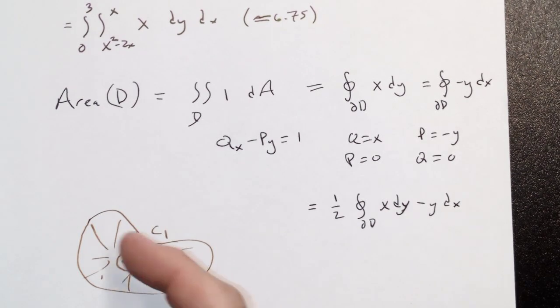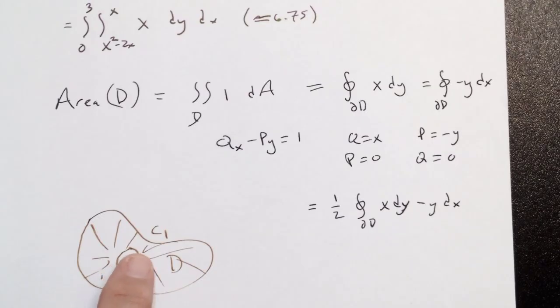If I'm walking around that little circle and D is on my left, what direction am I walking? If I go counterclockwise, then D, the shaded region, is on my right side, isn't it? I'm walking around this circle. Here I am standing right at this point. In order to go around C2 in the positive direction, I have to be walking clockwise.